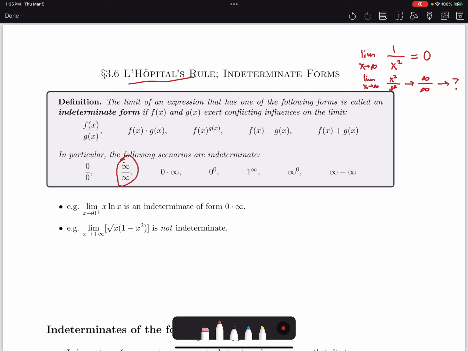In a similar way, something like 0 over 0 is indeterminate. Something like 0 times infinity is indeterminate. Basically, anytime you have two pieces of the limit that are exerting conflicting influences on the limit, you're going to end up with something that's indeterminate. Something like 1 to the infinity is indeterminate. That might seem strange at first because you might think, well, 1 to any power is just 1, right?